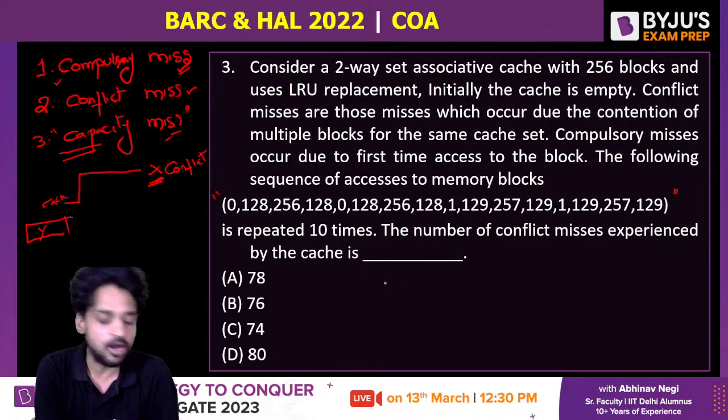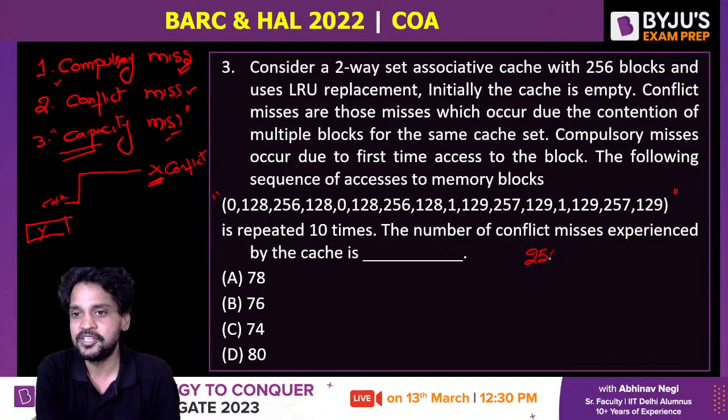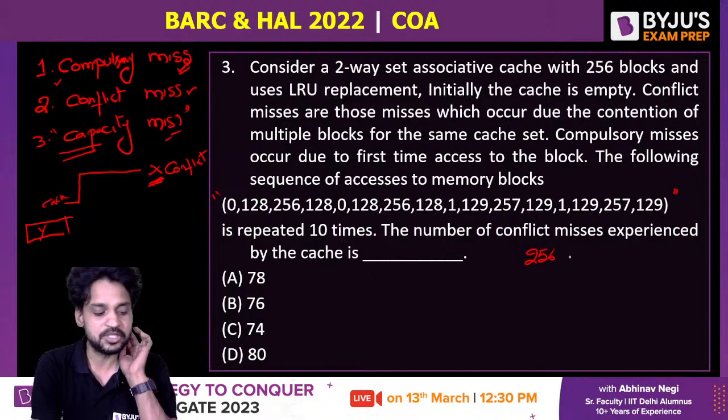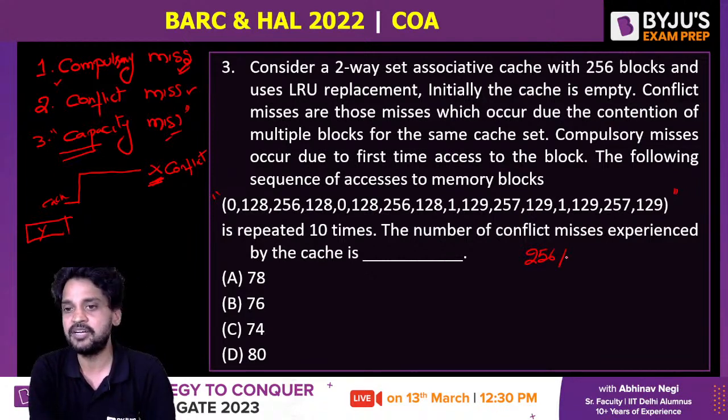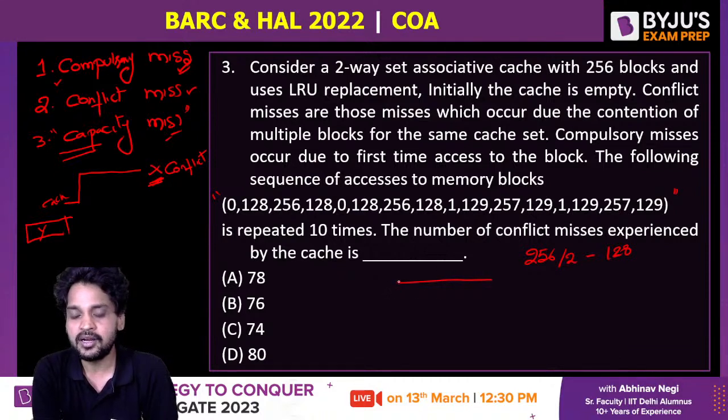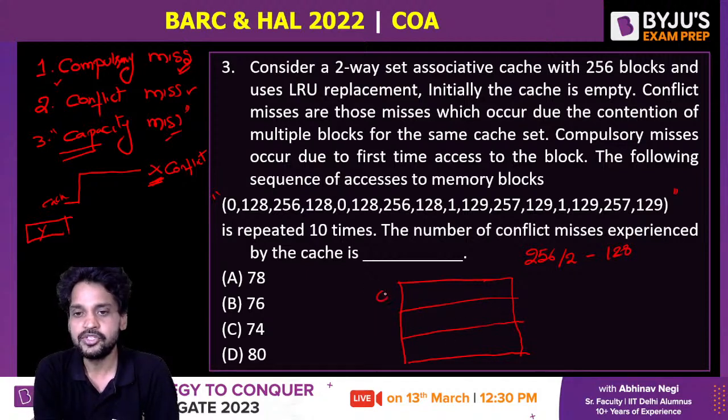Total number of blocks will be equal to 256, right? 256 divided by 2 is equal to 128, so there are a total of 128 sets. This is the 0th set, this is the 1st set, and so on.